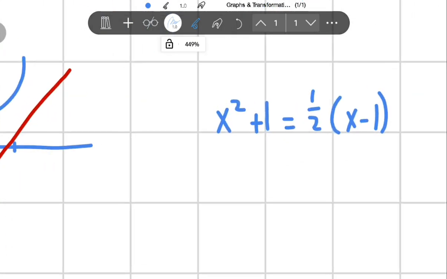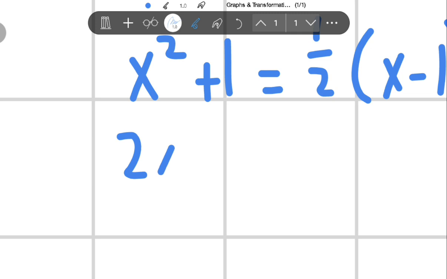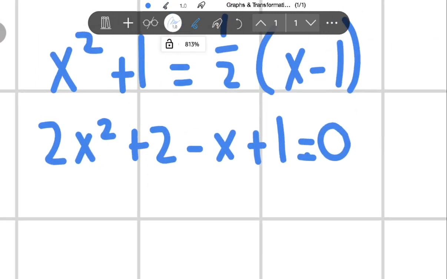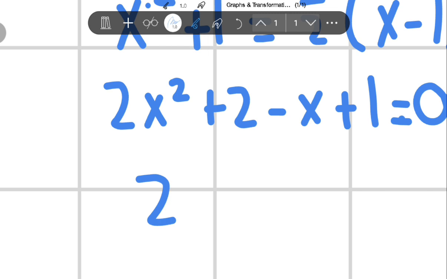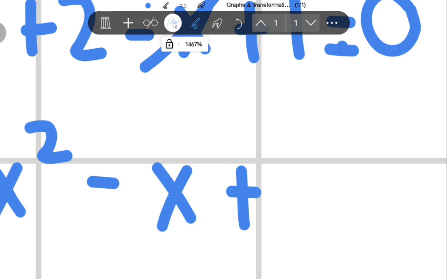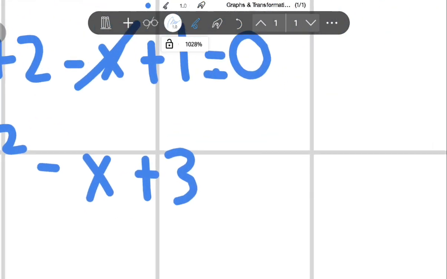So we could have 2x squared plus 2 minus x plus 1 equals 0. So we'll be left with 2x squared minus x. So these terms are gone. We have plus 2 plus 1, so plus 3, equals 0.